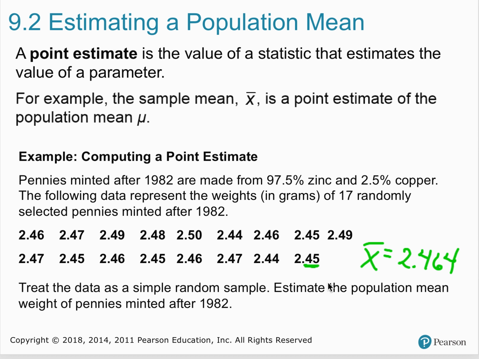Because we had 2 decimal points in the raw data, I left 3 here. But proportions we're always going to round to 3 decimal places, right?